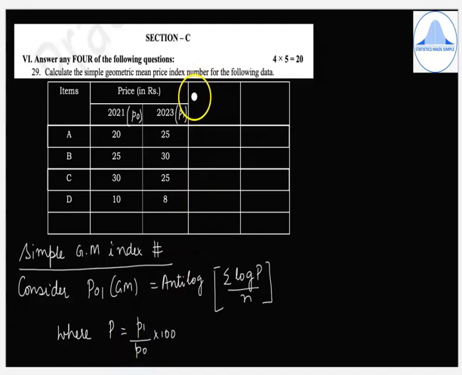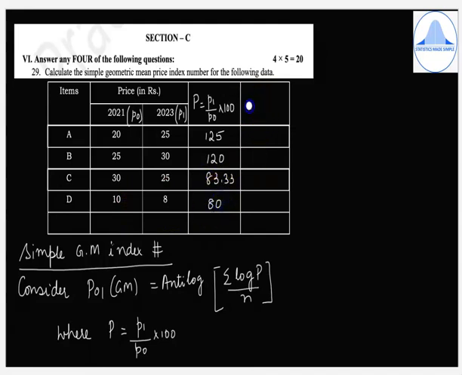So let us compute in the table capital P, which is P1 by P0 into 100. So it's 25 divided by 20 into 100. So we get 125. Next is 120. Then we get 83.33. And then similarly, 8 divided by 10 into 100 will give us 80.